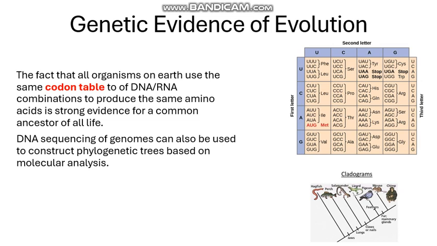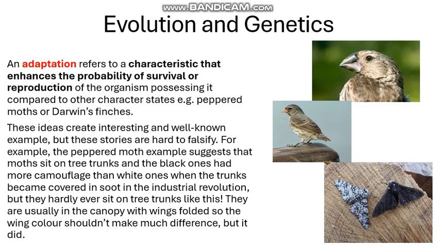It shouldn't matter, but all life has the exact same codon table, which we would imagine is because we all share a single common ancestor. DNA sequencing of genomes can also be used to construct a phylogenetic tree based on molecular analysis.